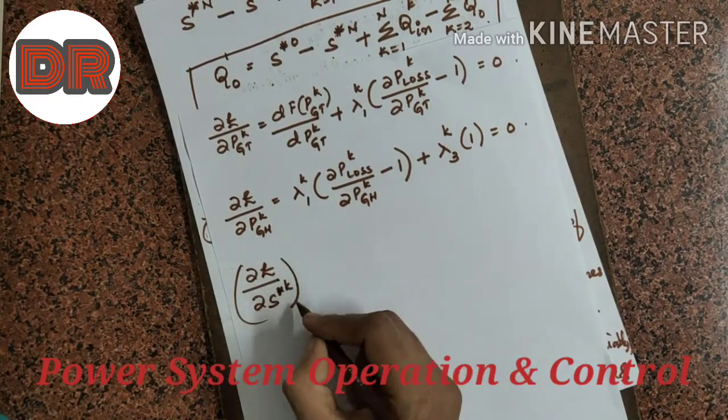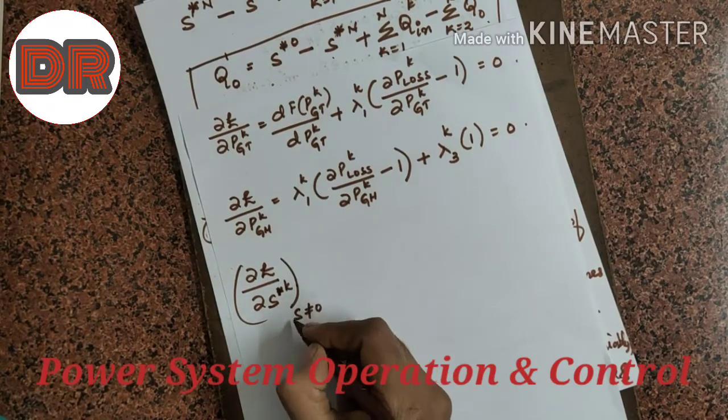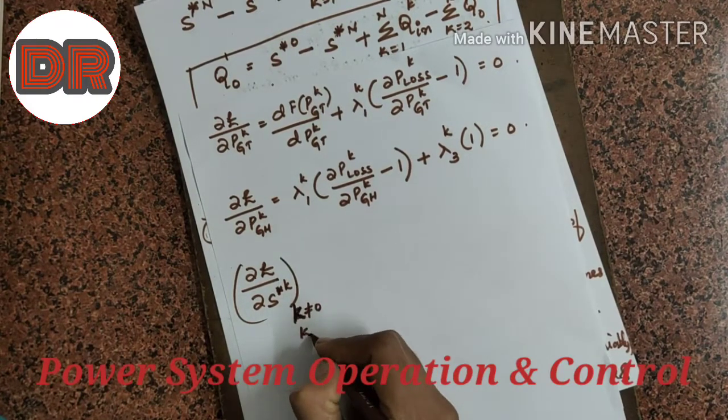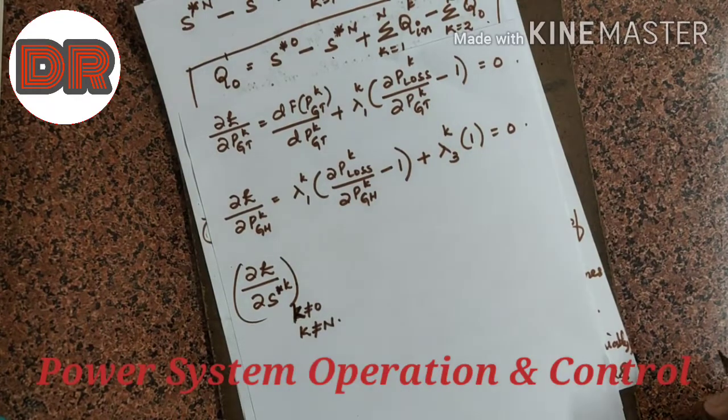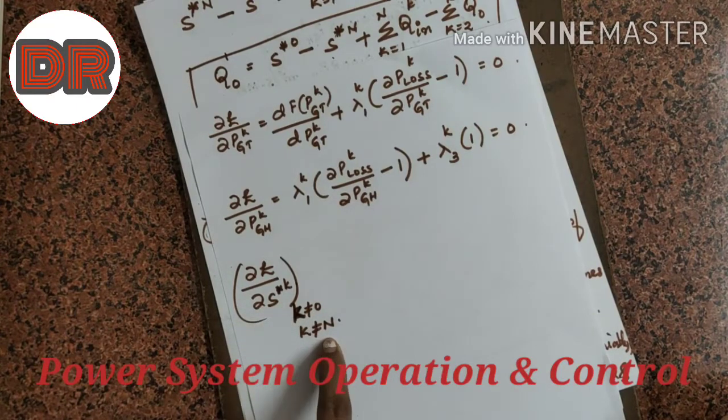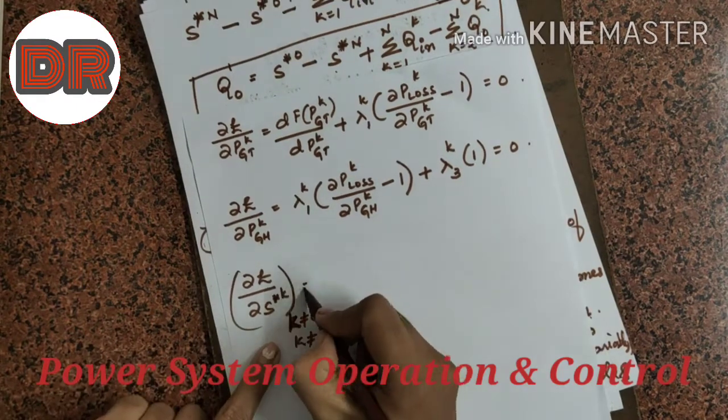So remember that K is not equal to 0 and K is not equal to n here, because if K is equal to 0, the value of that storage is known. When you know the value it is nothing but a constant term, and you can't differentiate it. At n also it is known, because in the assumption we have taken that at the end of the interval and at the beginning of the interval the reservoir storage is known, so we can't differentiate. Except that, everything can be differentiated.